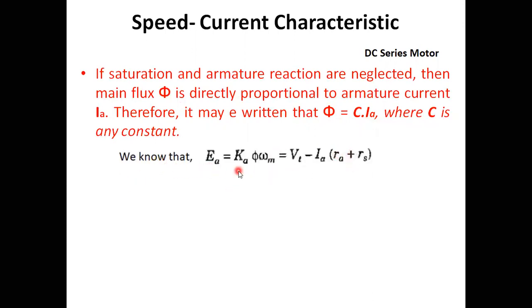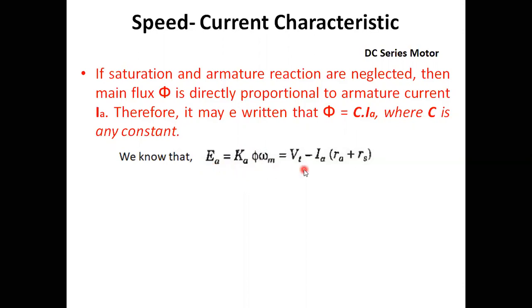Now, we know that armature EMF Ea is equal to Ka phi omega m. Ka is armature constant, phi is the flux due to series field, and omega m is the angular speed in radian per second of the machine.